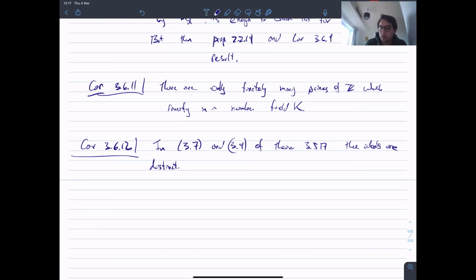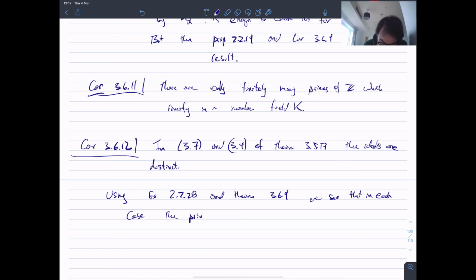So using Exercise 2.2.28 and Theorem 3.6.9, we see that in each case the prime does not divide the discriminant.